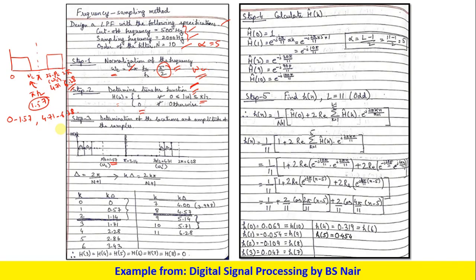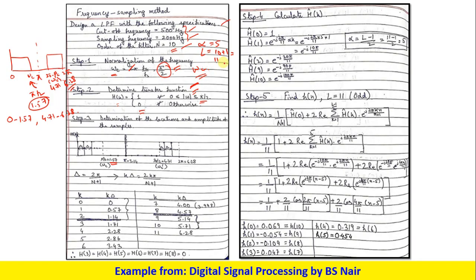Now here, our order of the filter has been given as 10. Alpha is 5. So capital L would be 10 plus 1, which is equal to 11.